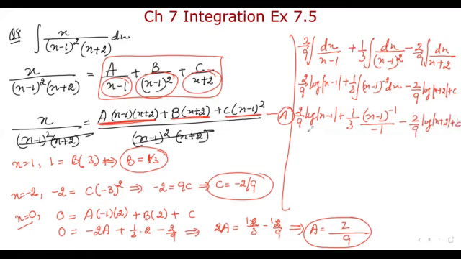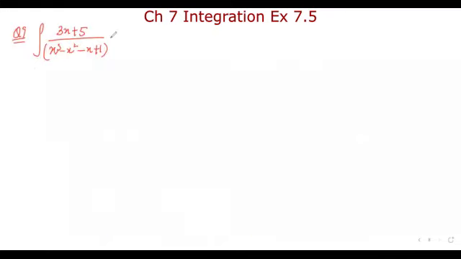So this value will be, see, these two are like terms, so 2/9 I can take common and this will be log a minus log b, x minus 1 upon x plus 2, minus 1/3 into x minus 1 plus c. This is minus 1. That is the answer.